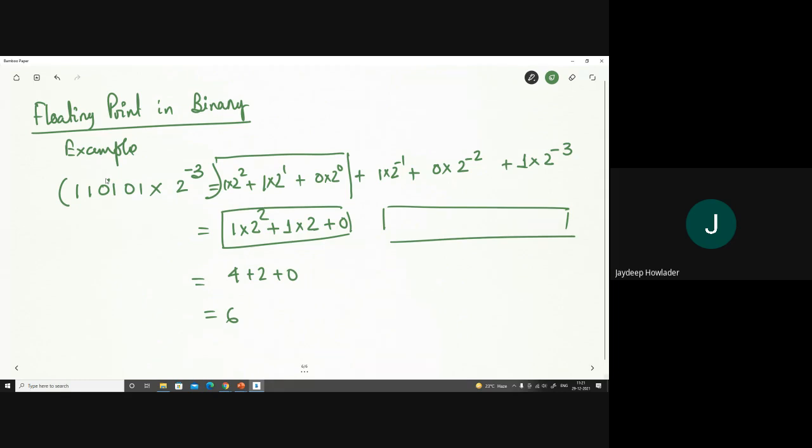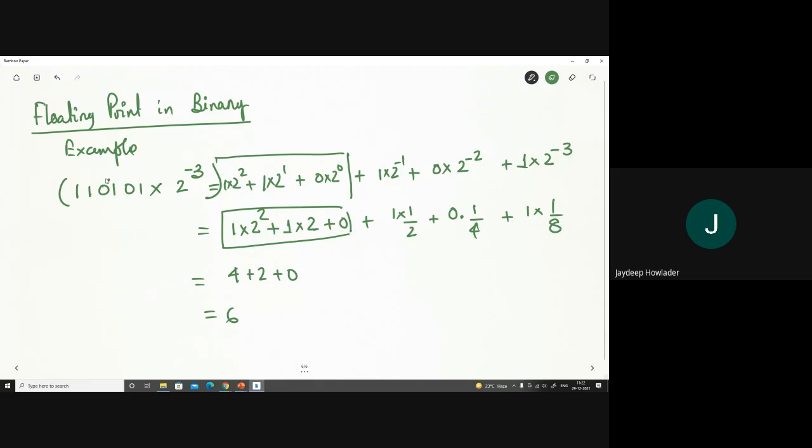It is basically 1 into 1 by 2, means half, 0.5. So this is 1 by 2 plus 0 into 1 by 4 plus 1 into 1 by 8. Okay, clear?